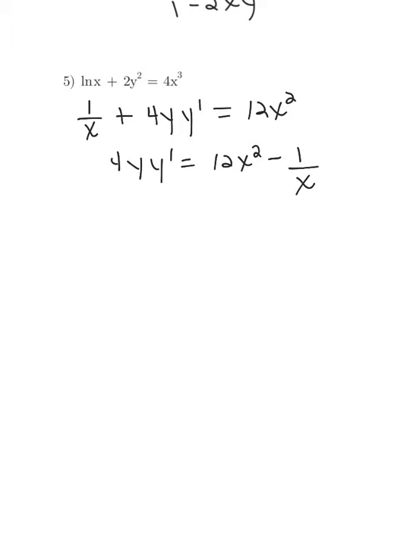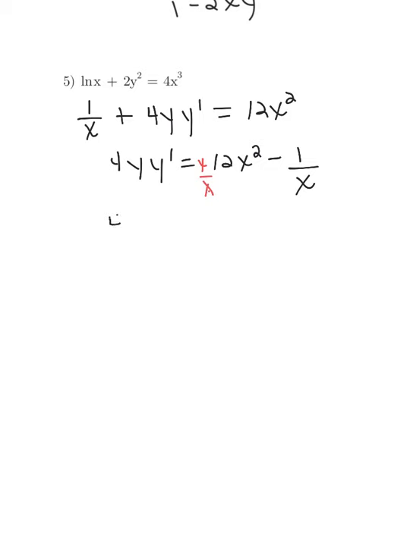In order to solve this and make it a relatively pretty answer, I'm going to create a single fraction on the right. The common denominator would be x. So I am going to take the 12x squared times x over x.